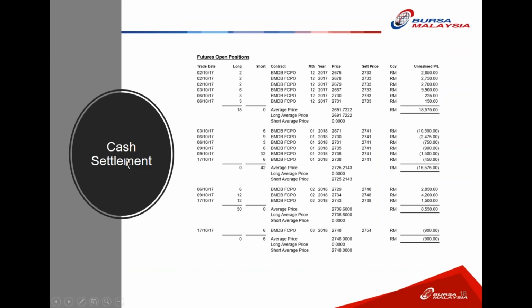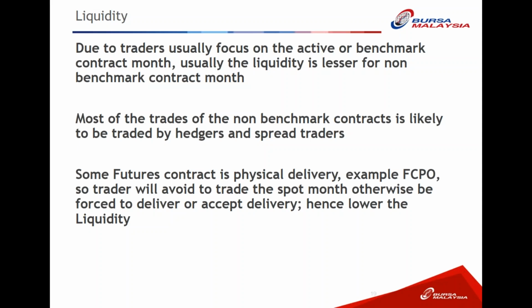In cash settlement, you will just see a statement saying the contract you bought or sold, you made some money, you lost some money, and all this. This is considered cash settlement, which is just accounting numbers, like you can see on the screen now. So that is cash settlement, which is easier.